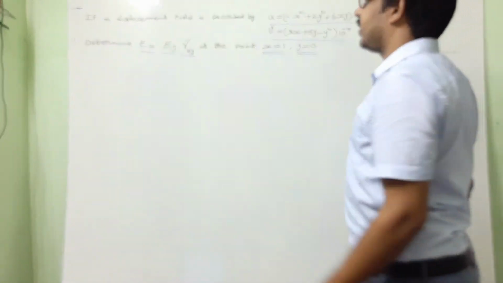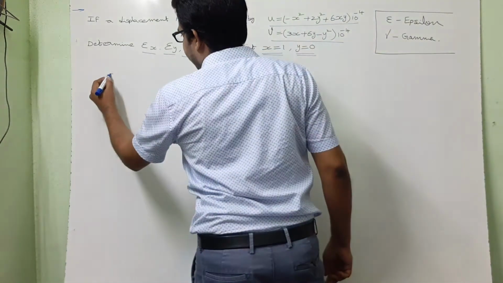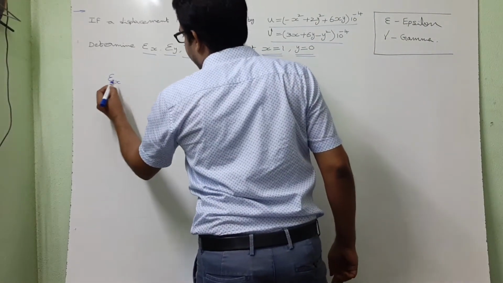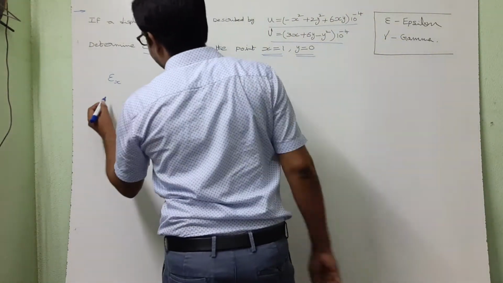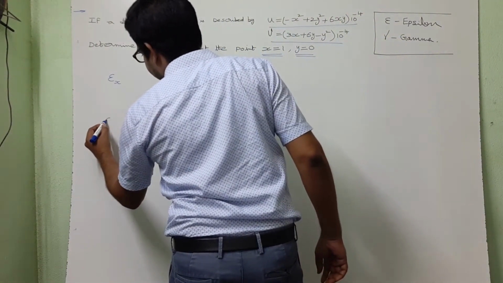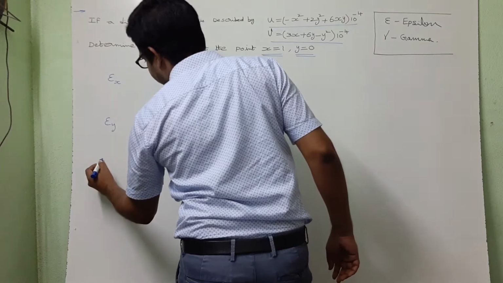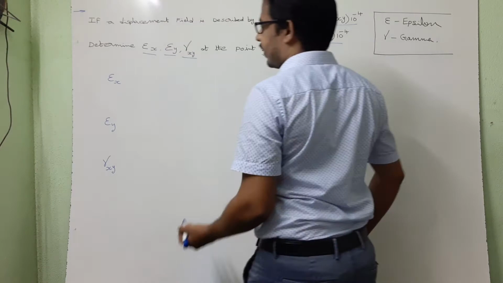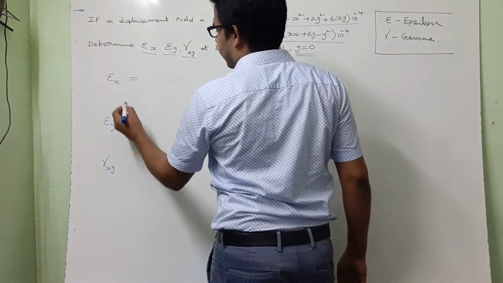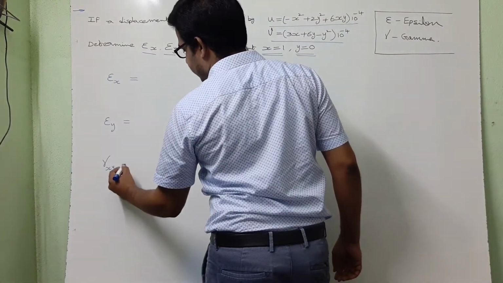So here we need to calculate epsilon x value, epsilon y value and gamma xy. These are the unknown terms.